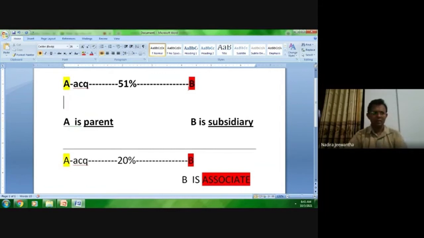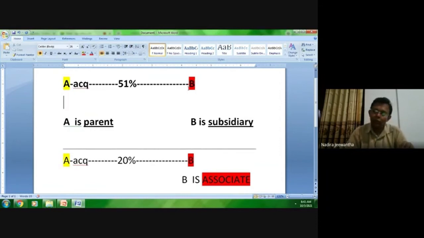But now, this is an acquisition. So what do you mean by merger? Merger means there are two companies, A and B, that get together and form a new company, company C, for example.